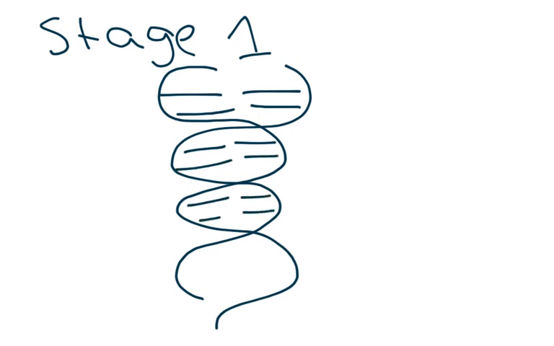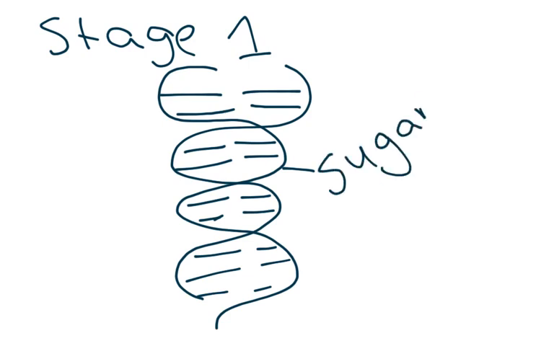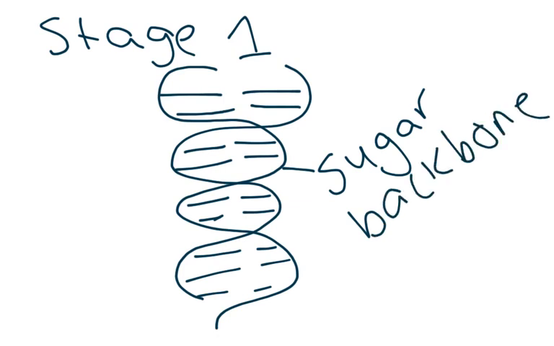It's not the neatest on these iPads drawing these. Sorry about that. Okay, so this bit on the outside is the sugar backbone. And that is really, really strong, because we don't want that to be damaged, and we don't want that to break at all, because if it does, then the DNA is going to become damaged.